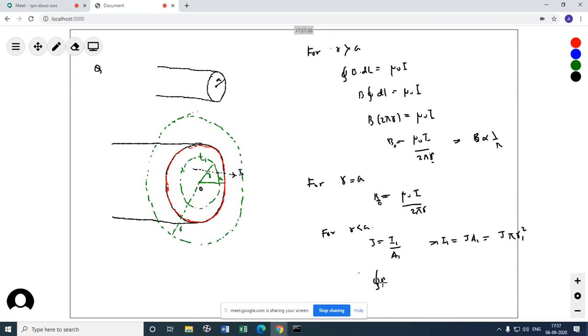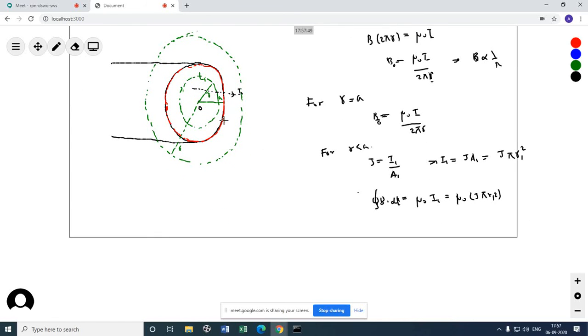Therefore, if I do the integral of B dot dl, I get B times 2 pi R equals mu naught J pi R1 square.